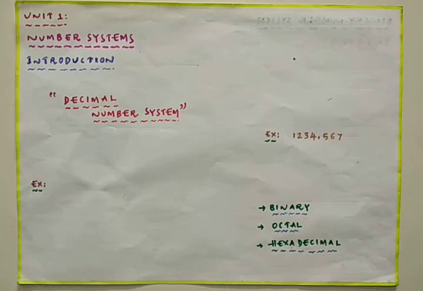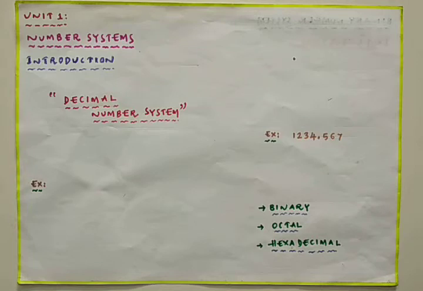Since counting in the decimal number system involves only these 10 unique symbols, called digits, the complete decimal number system has a total of 10 digits only.